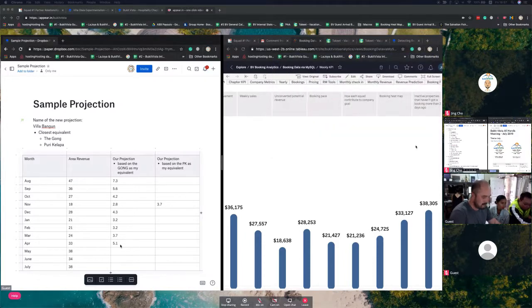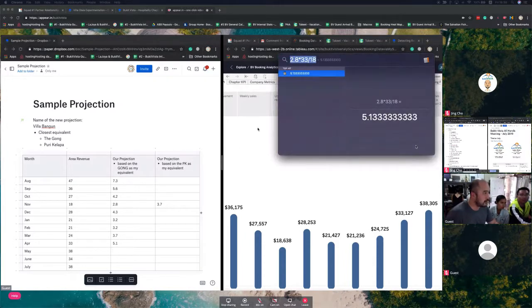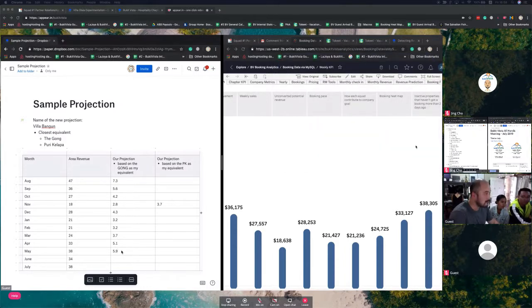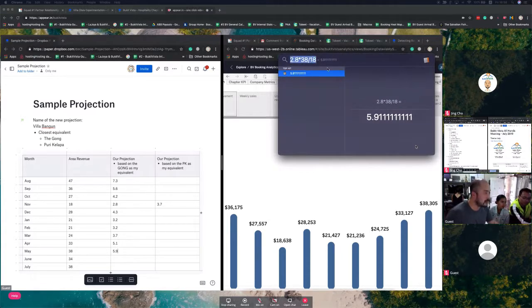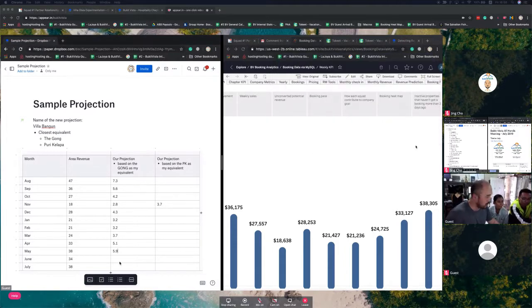Then the next one, 38, gives me 5.9. And then the next one with 34 gives me 5.2, and the next one is 5.9 again. It's essentially the same. Great.